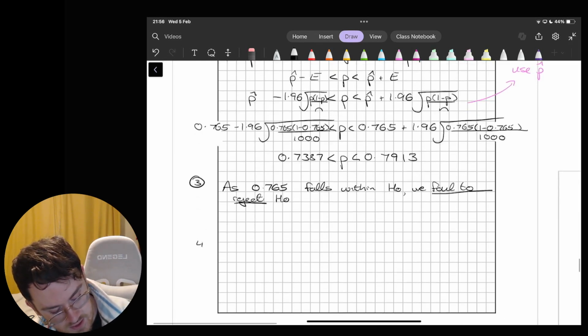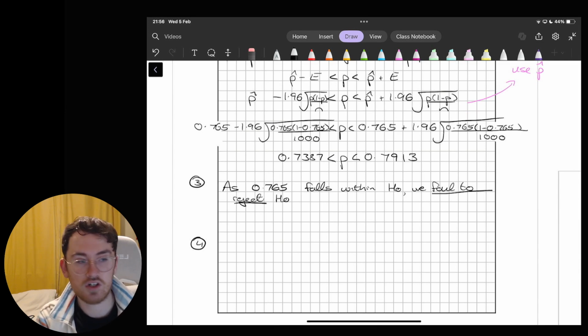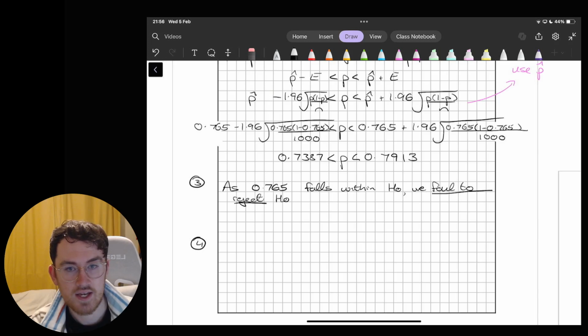And then looking at the fourth step here, which is our conclusion, and that obviously includes our decision as well.